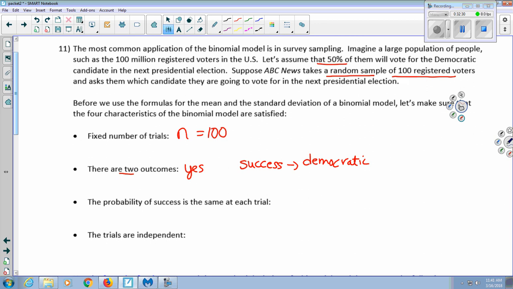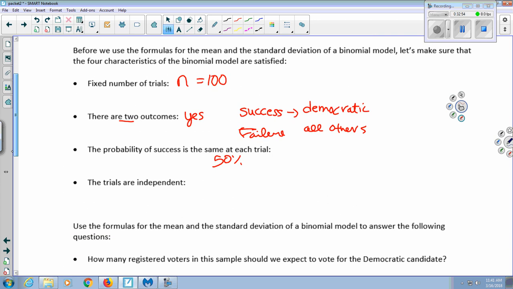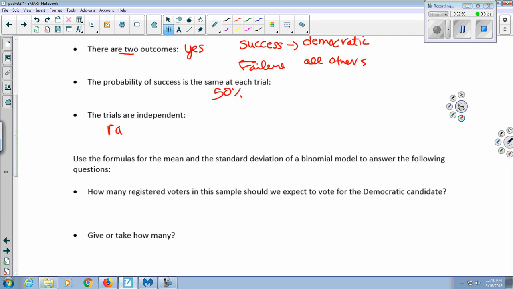So it would be 1 success, failure would be all others. The probability of success is the same at each trial. Yes, it said up here that they assume 50% will vote for the Democratic candidate, and if the sample is truly random, then they're going to be independent. So we've met our criteria to use the binomial model.